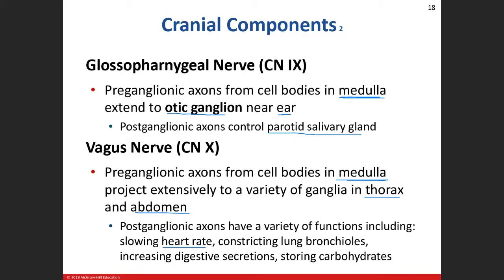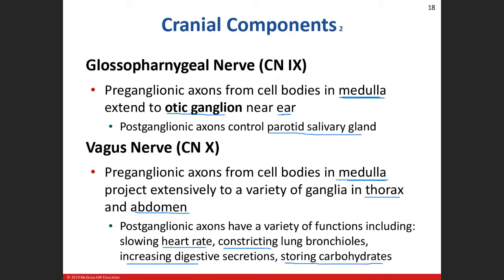Some of the functions are regulating heart rate. It's part of the parasympathetic, so the parasympathetic slows down the heart rate. It's going to cause constriction, or what we call bronchoconstriction, of the lung bronchioles. It's also, because it's part of the rest and digest division of the autonomic nervous system, going to increase digestion. Remember what I said, the parasympathetic division helps to replenish nutrients and increase energy stores.